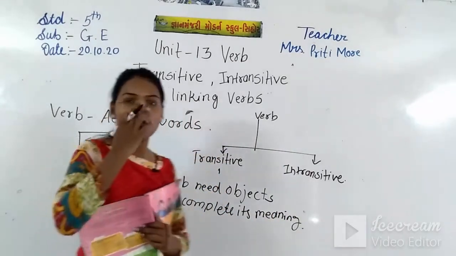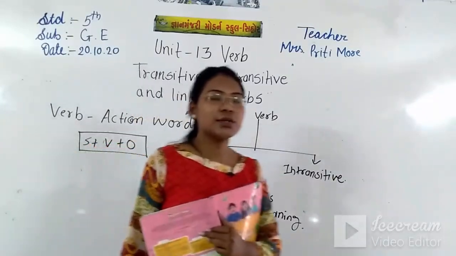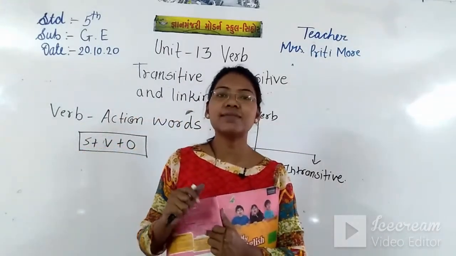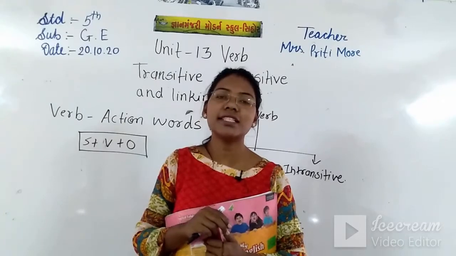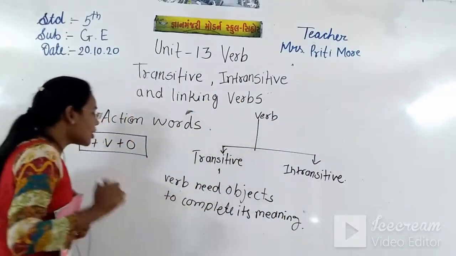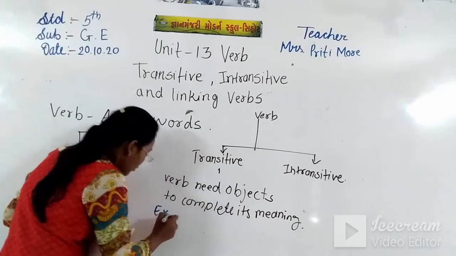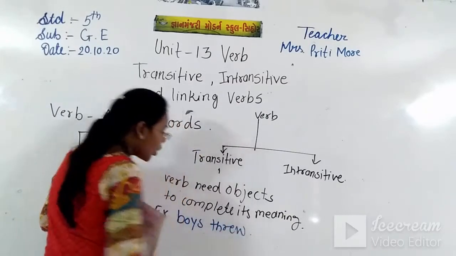That means verbs have two types, one transitive and second intransitive. A transitive verb needs an object to complete its meaning, and if we are not writing the object with the transitive verb, the sentence is not completed. For example, I write: boys threw.